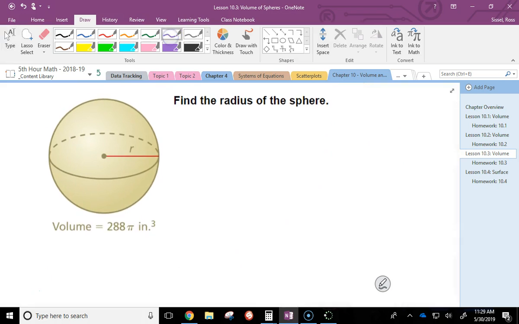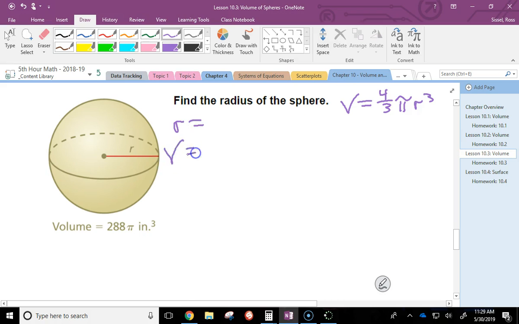So we still use our same equation. Volume equals 4/3 pi radius cubed. This time my radius is unknown, but my volume is 288 times pi. Now this is where I do need you guys to participate. All we're doing is fill in the blanks.